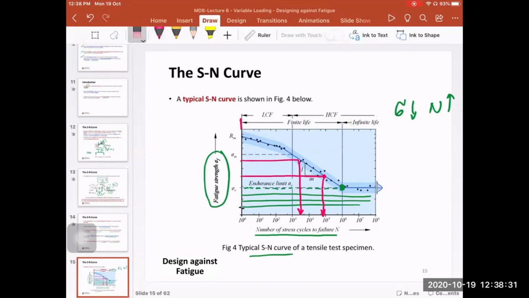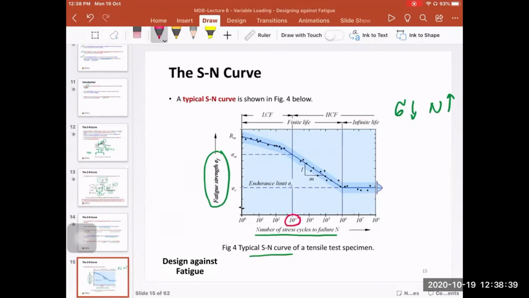Okay, one more important point is this 10 to the power 3 cycles. If the stress level applied on the material makes it survive for 10 to the power 3 cycles or less, we call this low cycle fatigue, LCF.